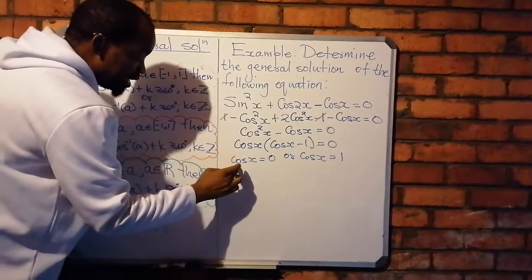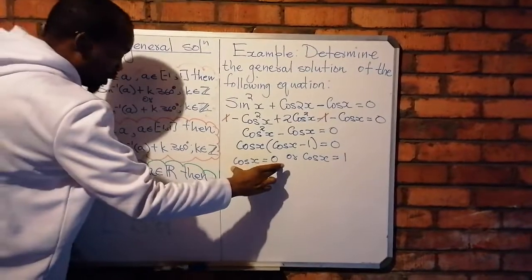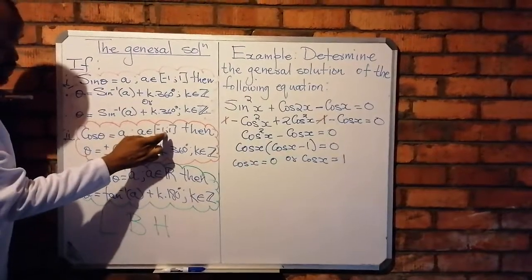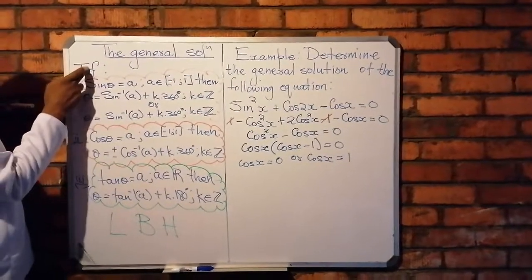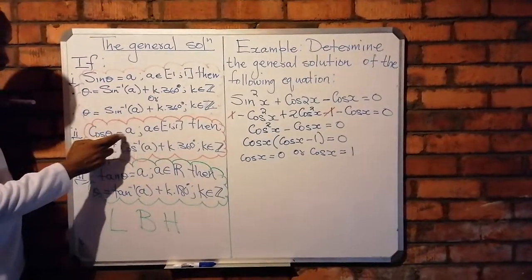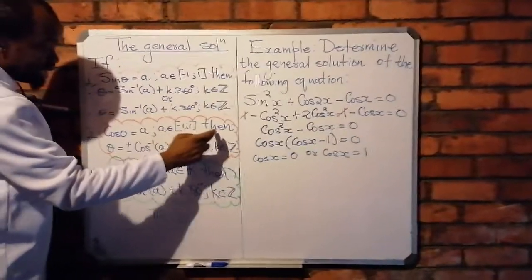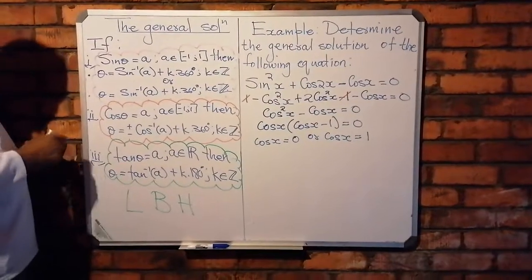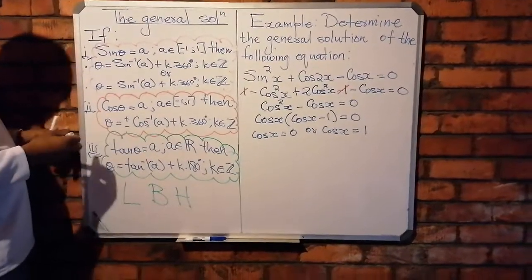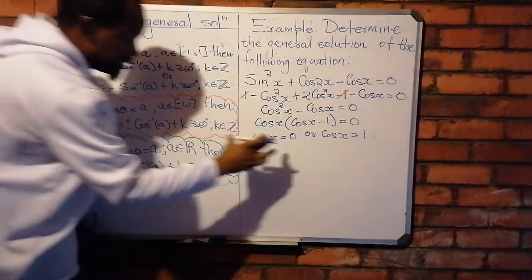Number one is cos x equals 0. Now, remember, 0 is between minus 1 and 1. And we said if cos theta is equal to a, and a is between minus 1 and 1, then theta is equal to plus or minus arc cos of a plus k times 360 degrees.